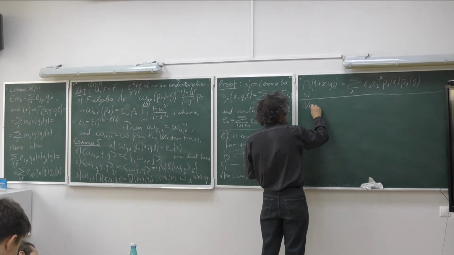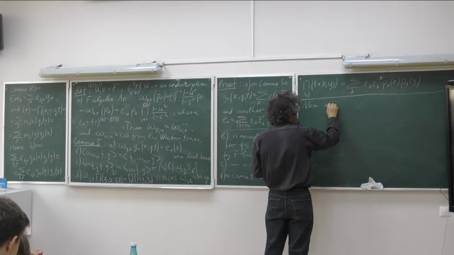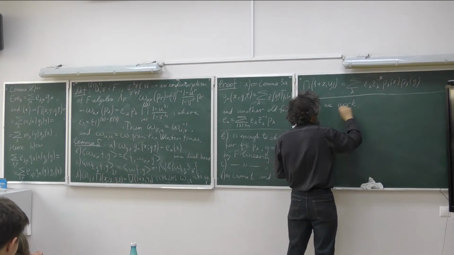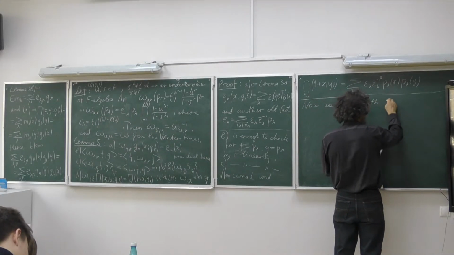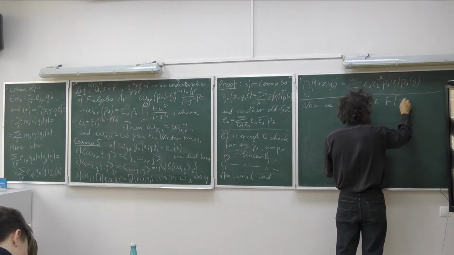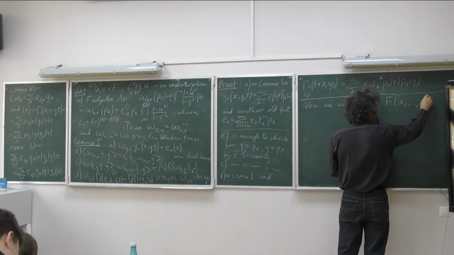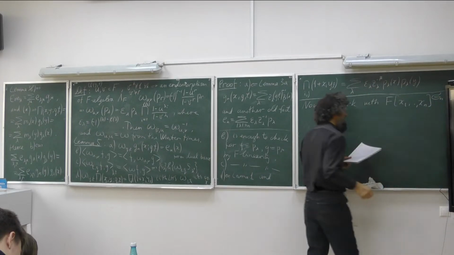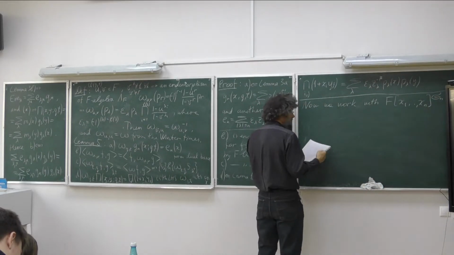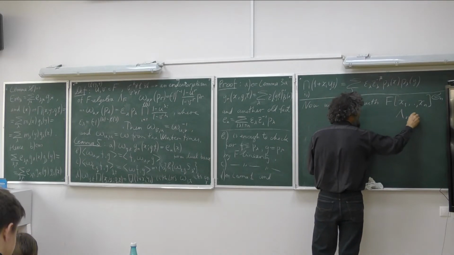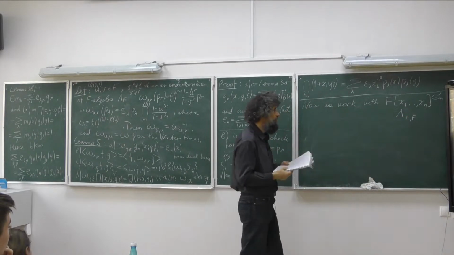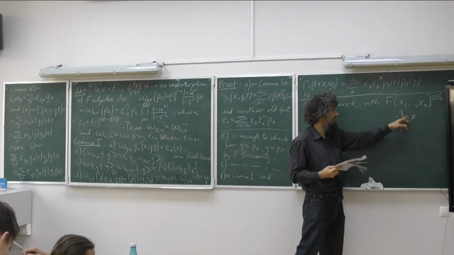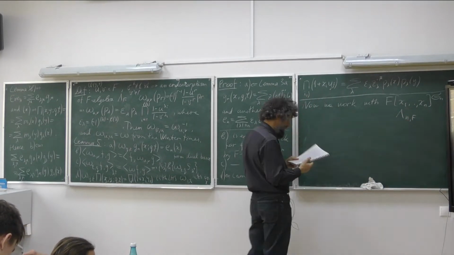So now we'll work with polynomials of n variables, maybe symmetric in n variables. Let's call this Lambda_n. The degree is not specified, only the number of variables is specified. The degree is arbitrary.